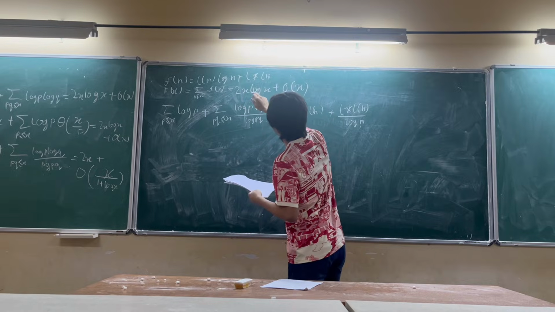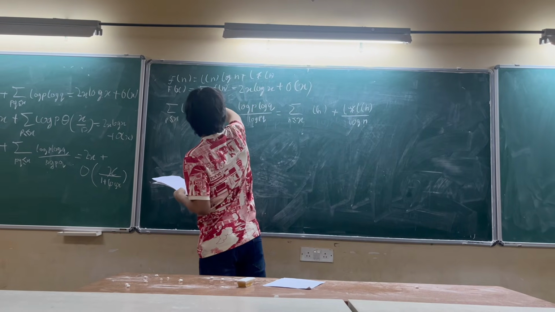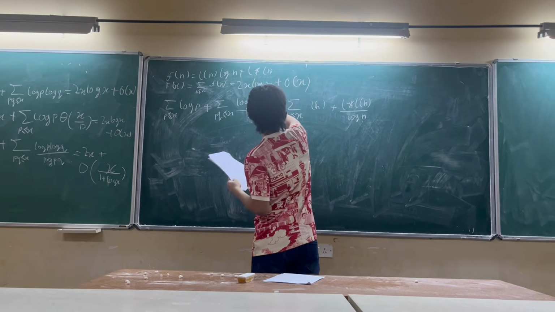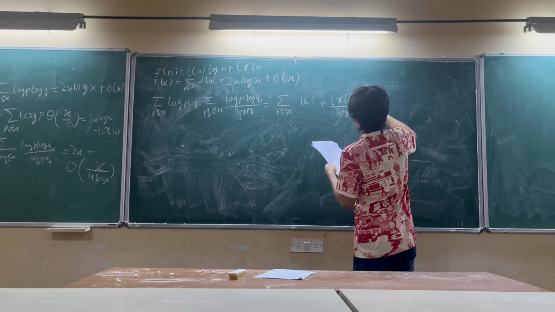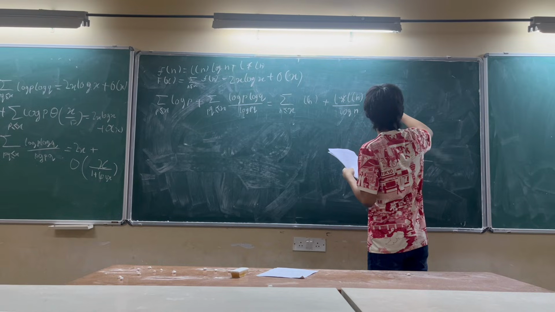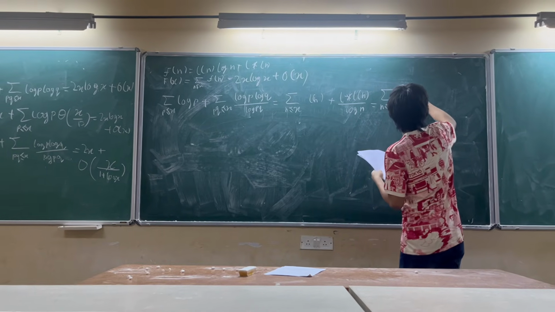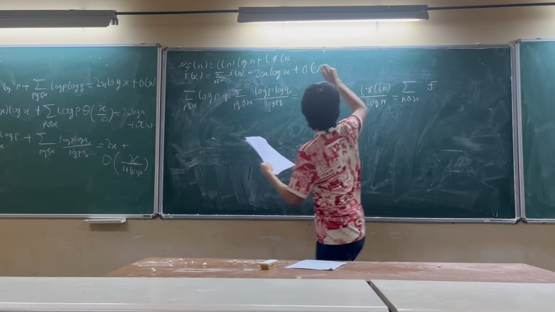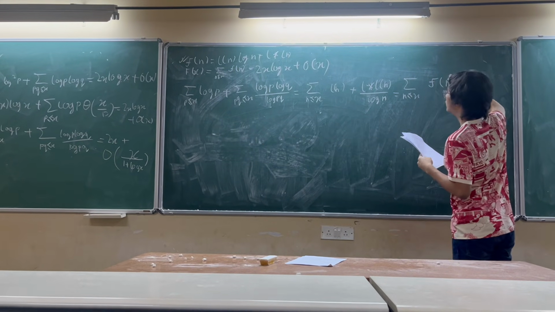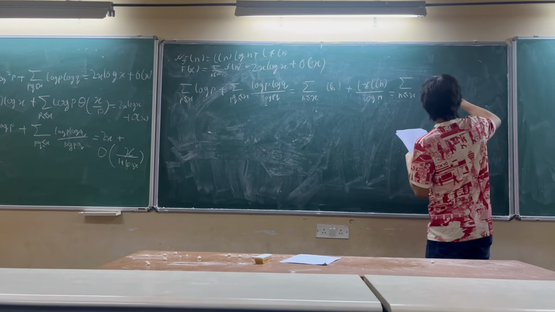So the same logic that I presented to analyze the function for order of f. And now I can just rewrite this as the summation over n less than or equal to x of small f, where f is defined up here, which is small f of n divided by log n.